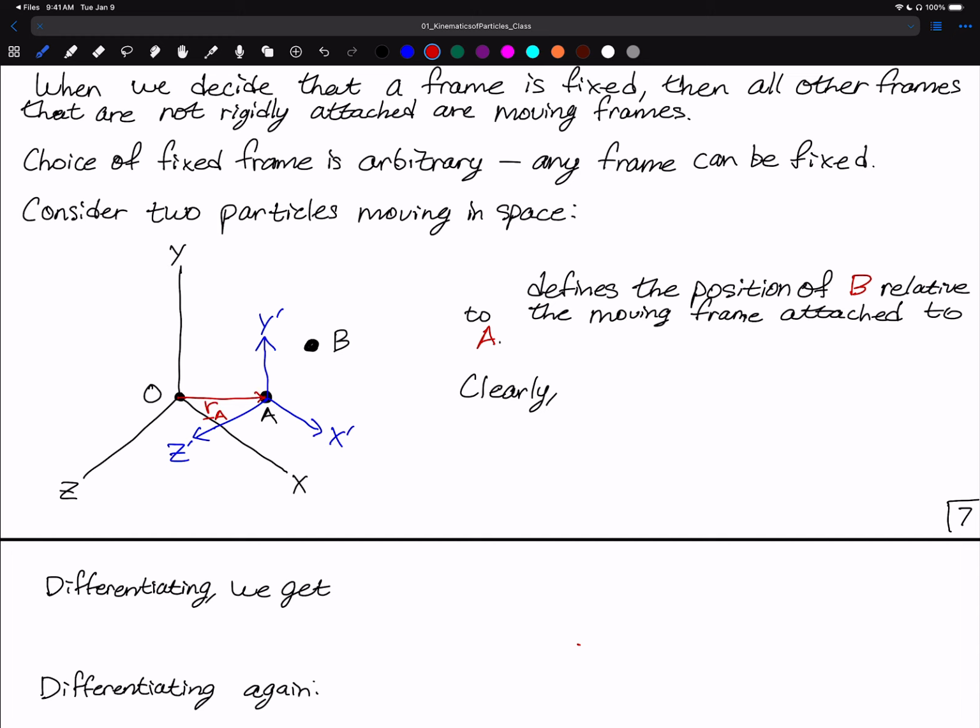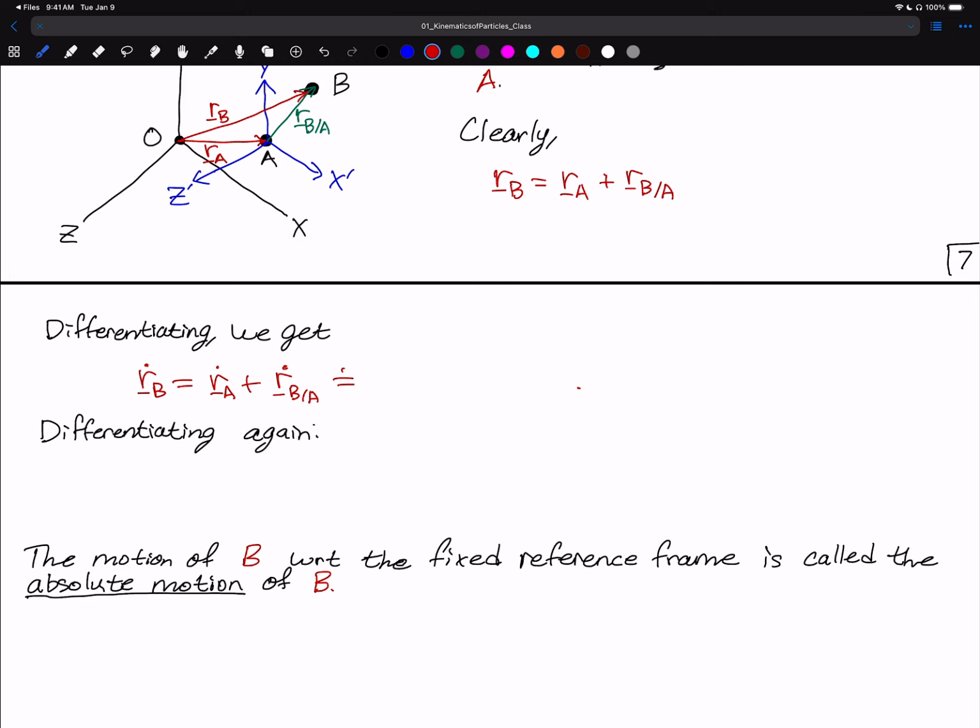If we go ahead and we differentiate this, and this is where things are going to change, we're going to get that r_B dot is equal to r_A dot plus r_B/A dot, and this will then be equal to, using v's, v_B is equal to v_A plus v_B/A.